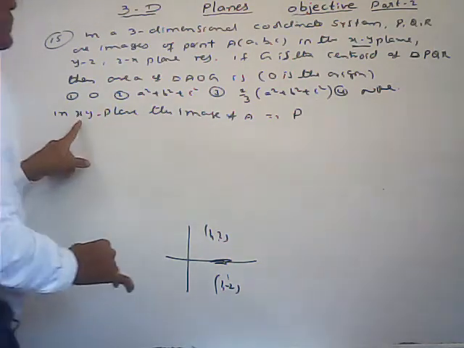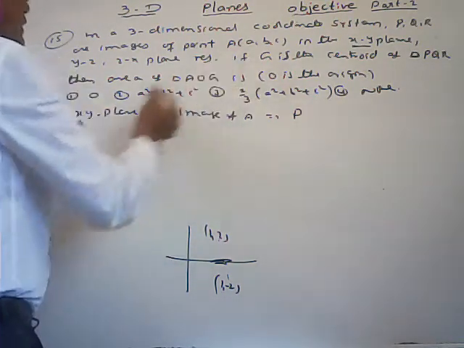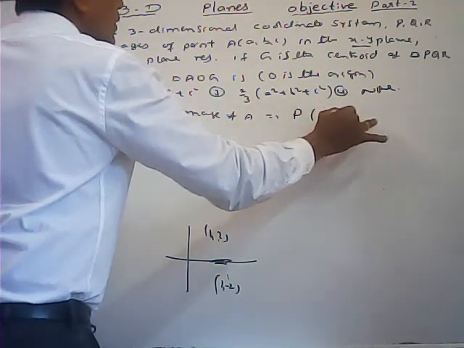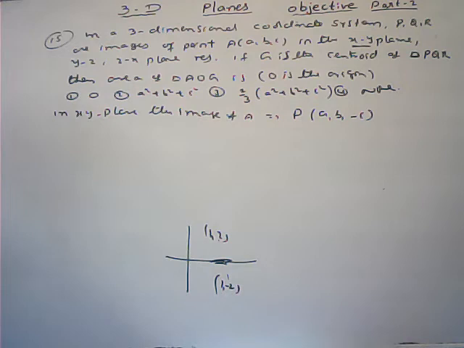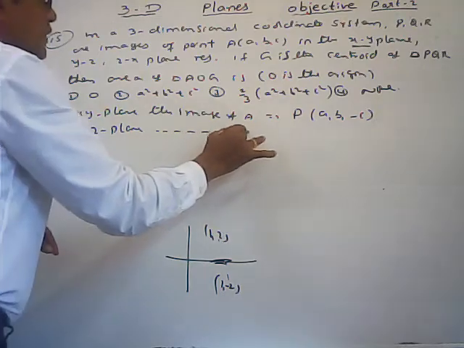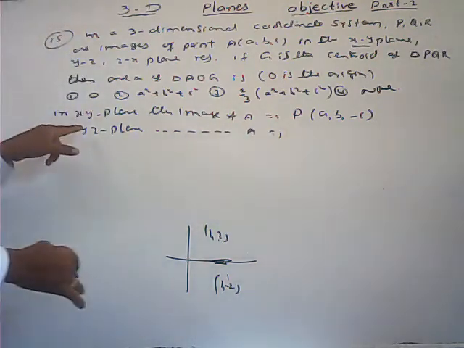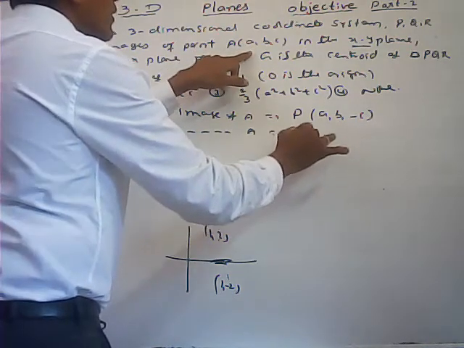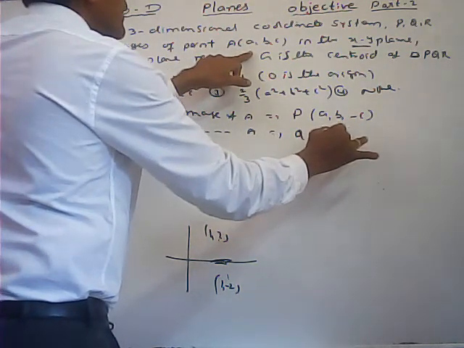So in the xy plane, the image of (a, b, c): here x and y coordinates remain the same, and the z coordinate sign changes. In the yz plane, the image of A, y and z coordinates remain the same only, and the x coordinate sign changes.